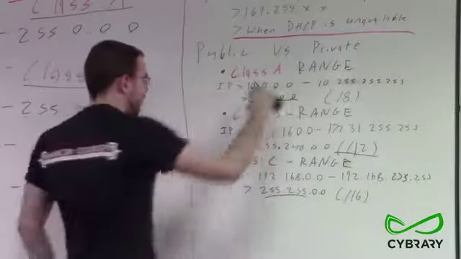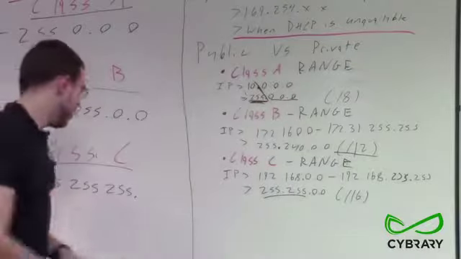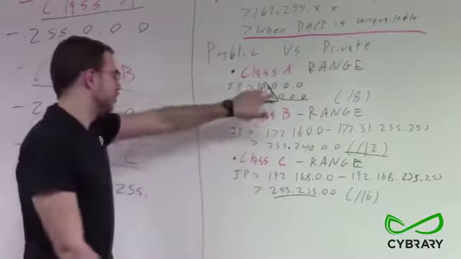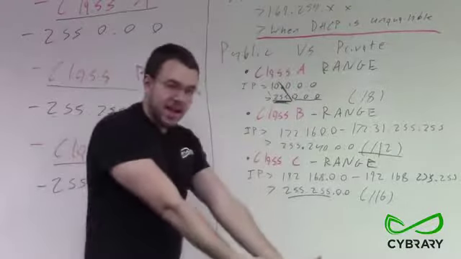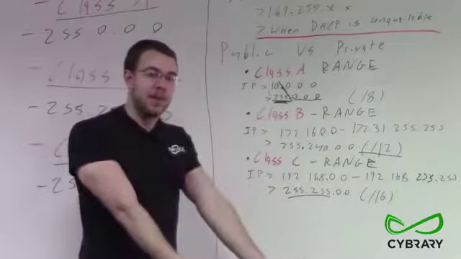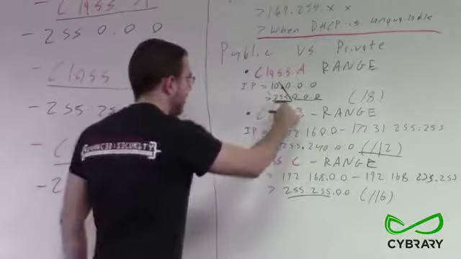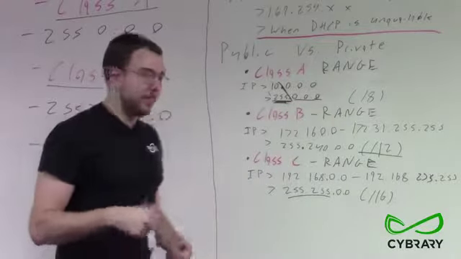It's almost as if we didn't have that second part. We didn't have our end range, and we just gave you this first address and said, okay, here's a Class A public IP address. You're allowed to use this address with this subnet mask as private IP addresses.